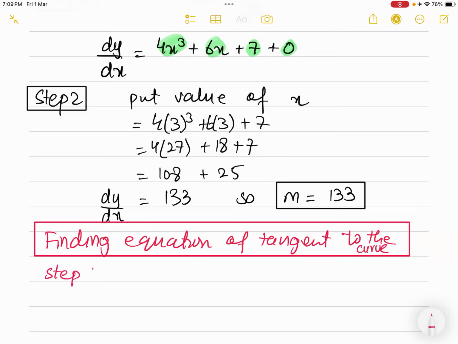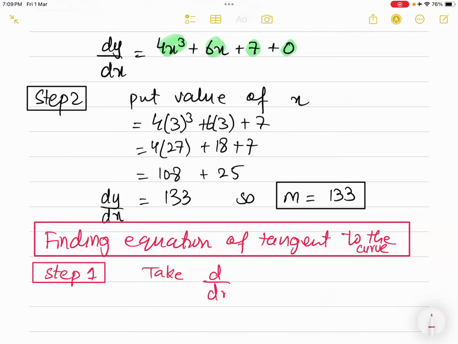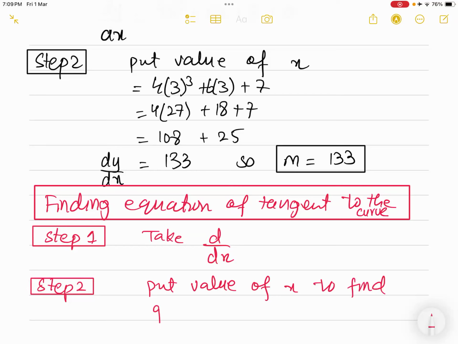Step 1 remains the same: take dy by dx, take the derivative. Step 2, put value of x to find the gradient.